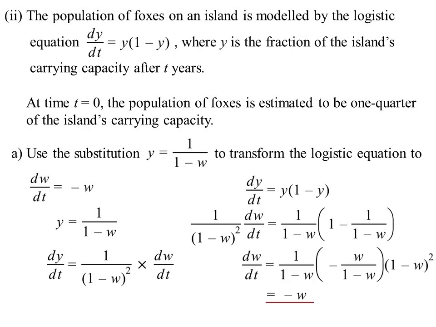And sure enough we do. Because if I multiply both sides now by (1 minus w) squared, and inside the parentheses there, that algebraic fraction becomes minus w on 1 minus w, and we get some cancelling happening there, and we're left with minus w. So we have our very basic growth and decay equation.